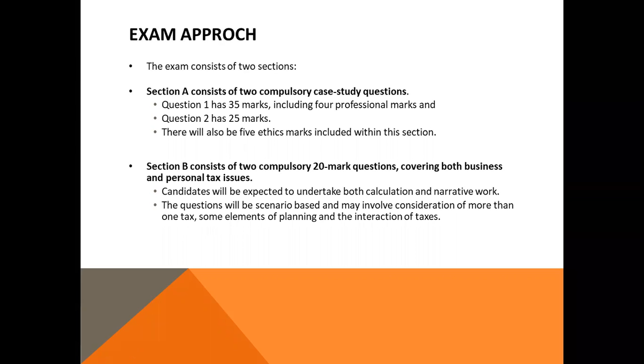Section A: usually and mainly, section A questions are very long. Yes, they are big scenarios. Question 1 will be 35 marks, and it includes 4 professional marks. Question 2 will be 25 marks, and there will be 5 ethics marks included in this section.